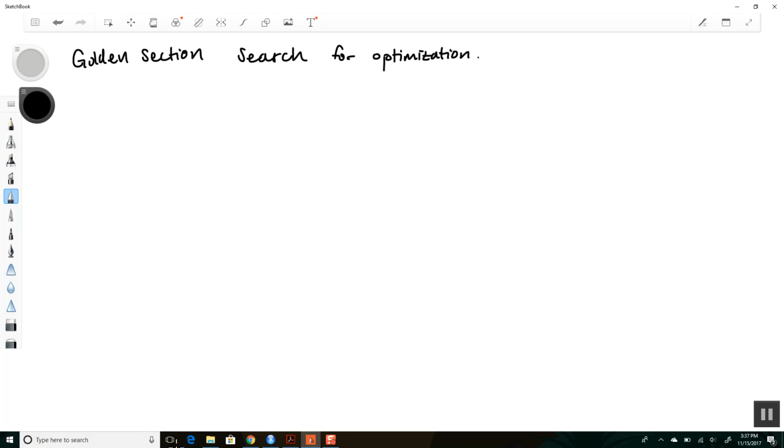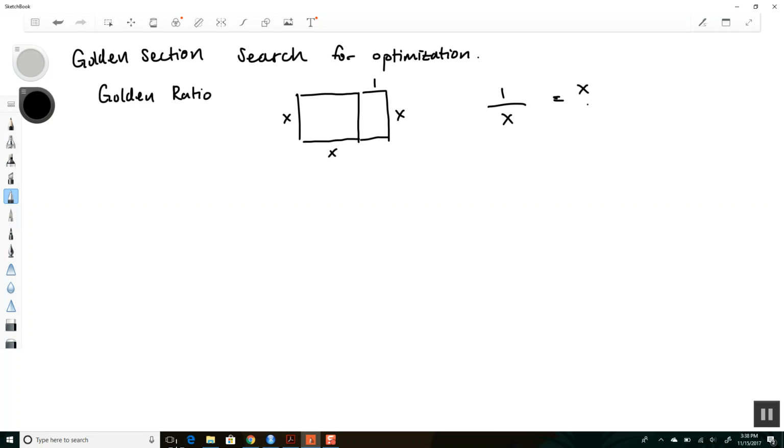So it's kind of using a bracket method, but so do you guys remember the golden ratio? What's the golden ratio? So the idea being that you have some box x, and if you tack on a thing of 1 here, then the ratio between 1 and x, the ratio between these sides, is equal to the same as x over x plus 1.